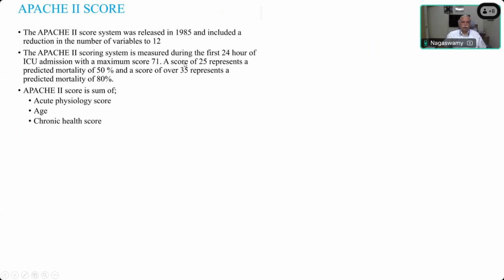So based on this number, you can decide whether the patient is going to survive or not, and you can give an idea to the relatives whether it is worthwhile keeping the patient in ICU and spending, or they can take a decision on that. And this is a sum of three things: acute physiology score, age, and chronic health score. That is Apache 2.